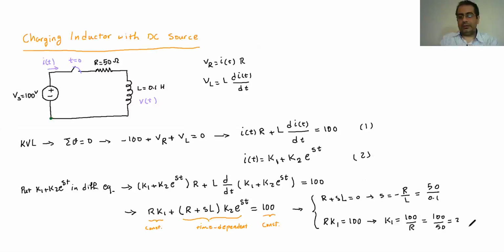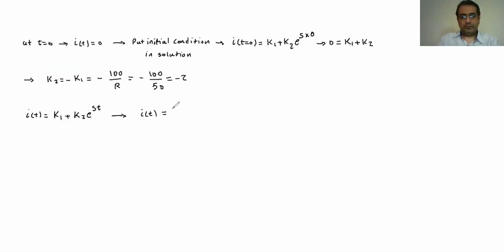So I can put Vs divided by r, and then plus K2.